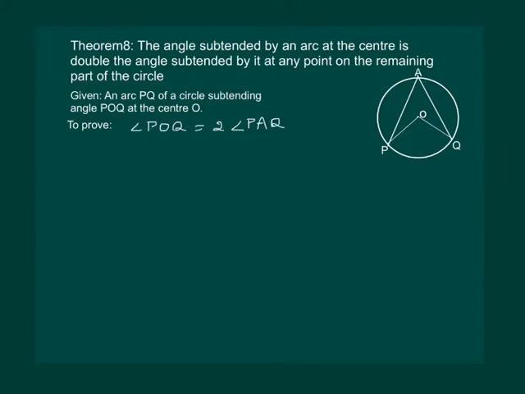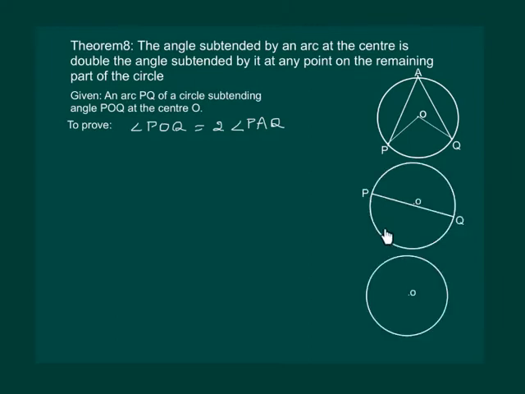Before starting with the proof, note that we have taken PQ as the minor arc by default. But there can be a case when PQ is a semicircle or PQ is a major arc. So let us take up those cases also and then start the proof.